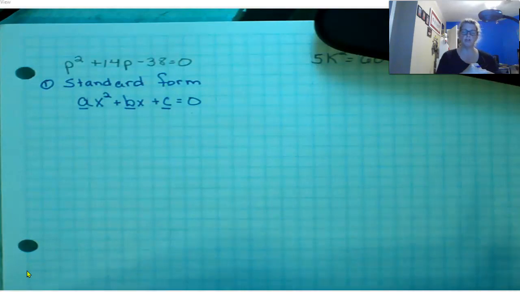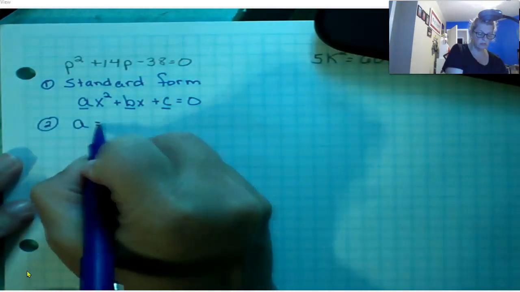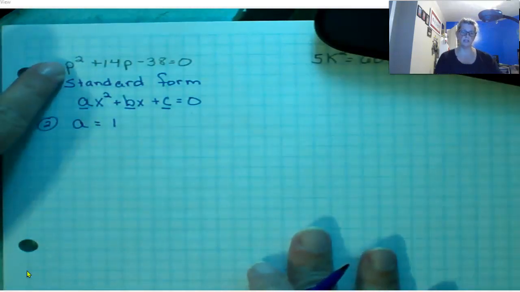Also, for completing the square or for factoring, we want our a to be equal to 1. So you'll notice up here our a is equal to 1.